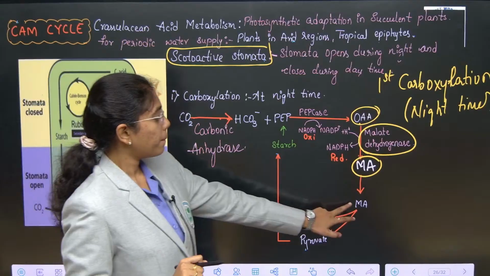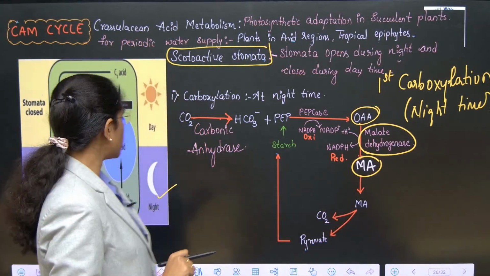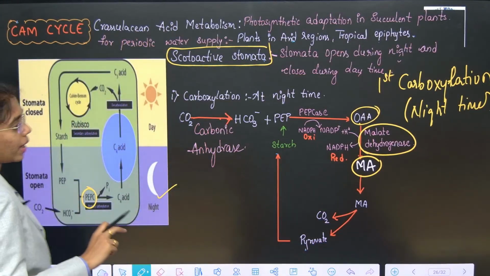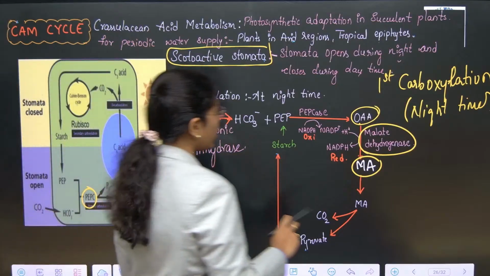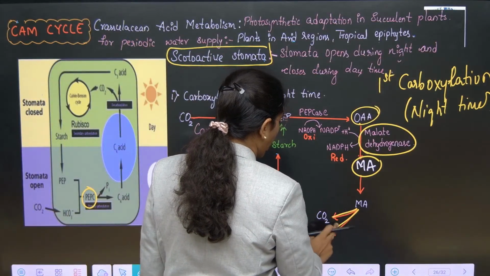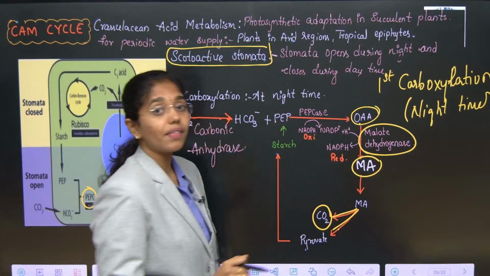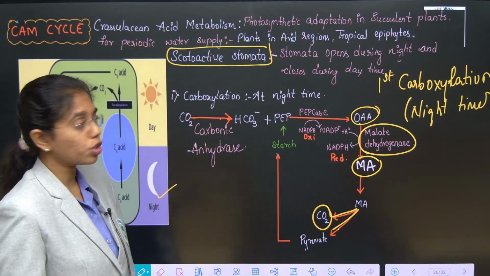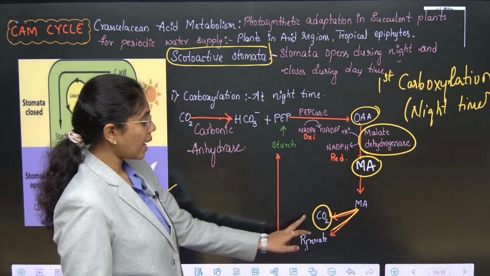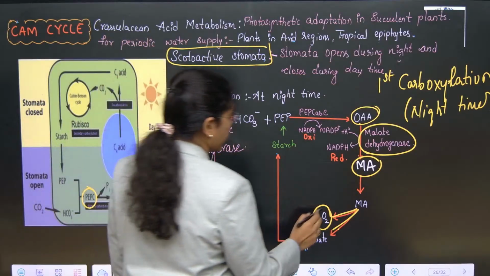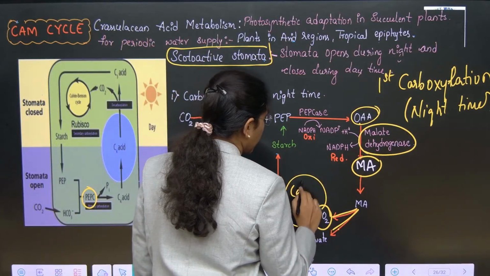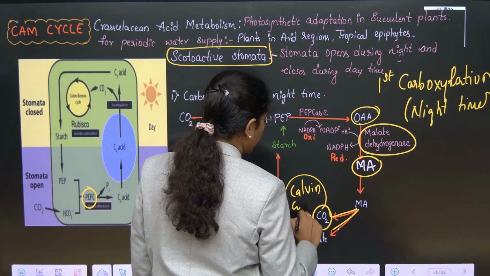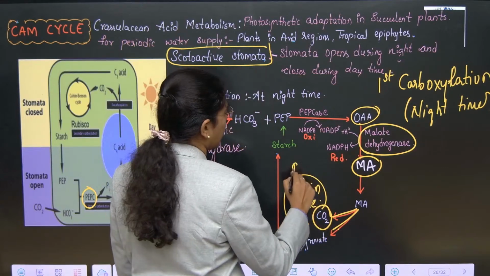Malic acid is stored in the vacuole, and during daytime decarboxylation occurs. The carbon dioxide released into the mesophyll cells during daytime is fixed again by the enzyme Rubisco, and the Calvin cycle operates during the daytime.